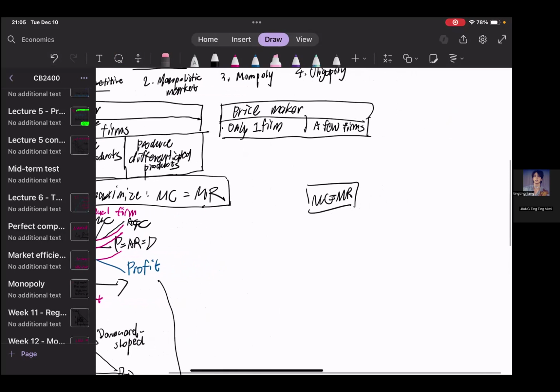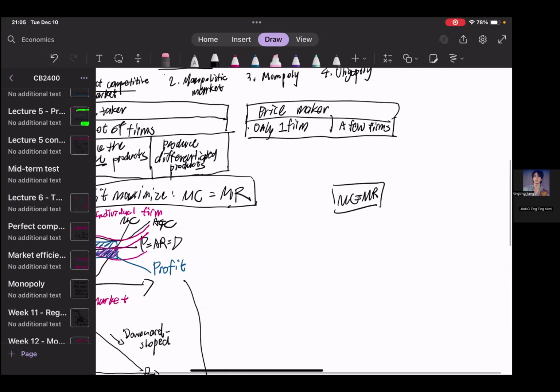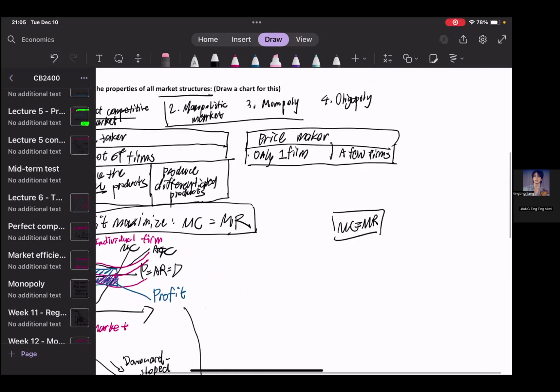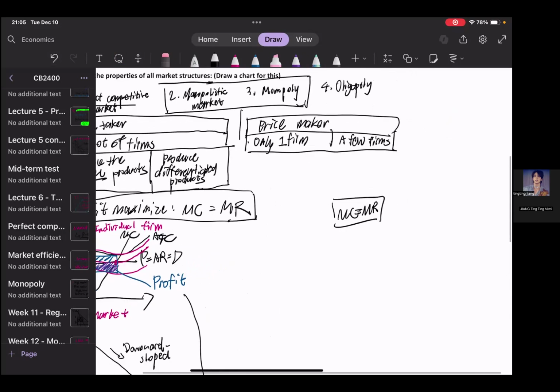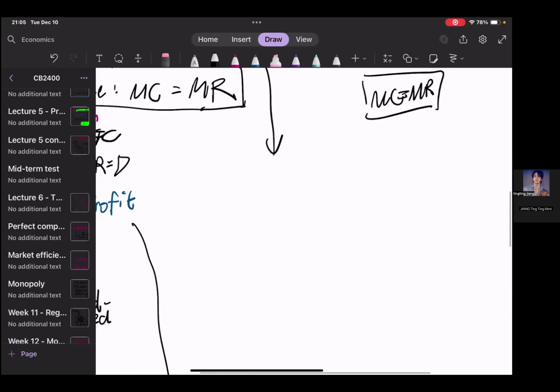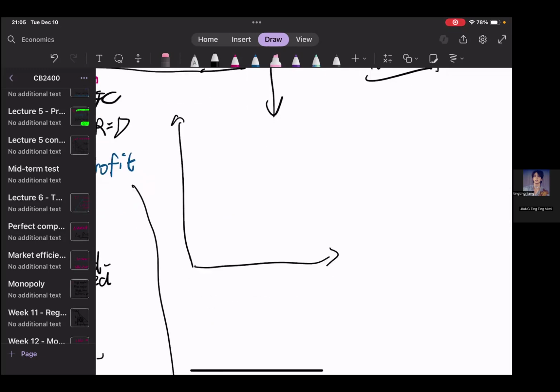And then for the next two, these two actually share a similar graph. In which case it will look something like this. Because they have differentiated products, their demand will be downward sloping.